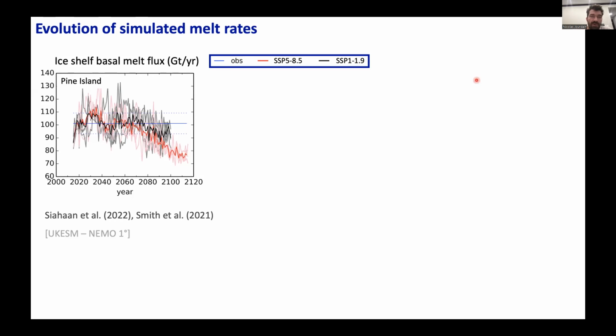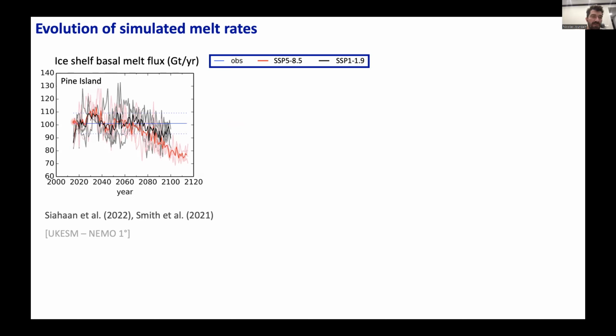This plot shows the evolution of the ice shelf basal melt flux of Pine Island. The blue line with the interval shows the observational estimates, the red curve is the multi-ensemble mean of the SSP585 scenario, and the black one is the same for the SSP119 scenario.